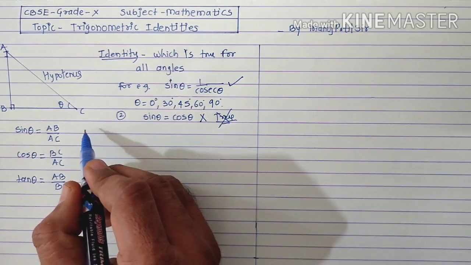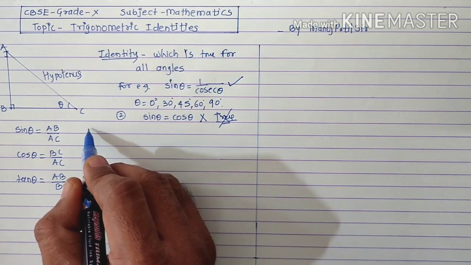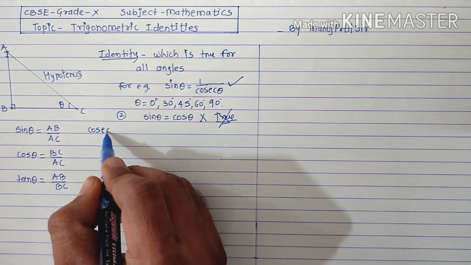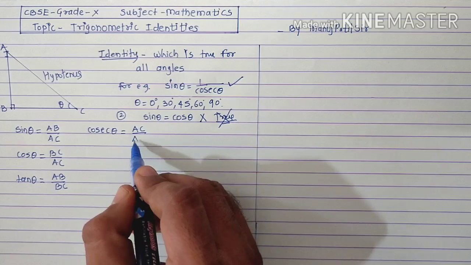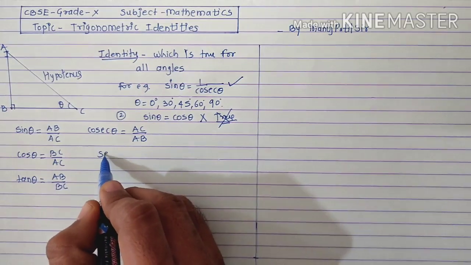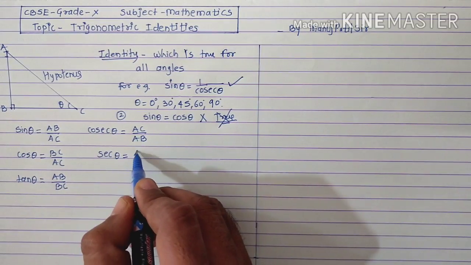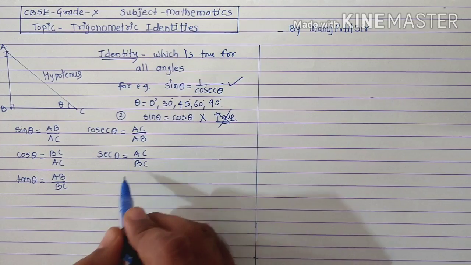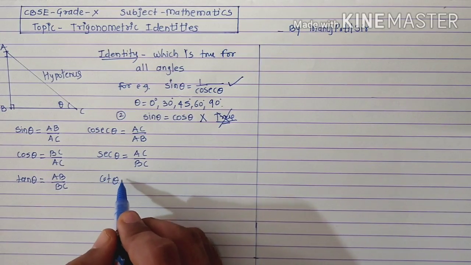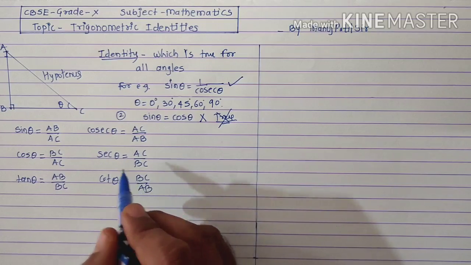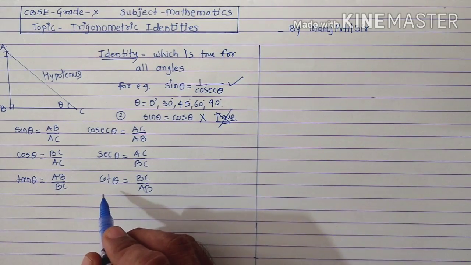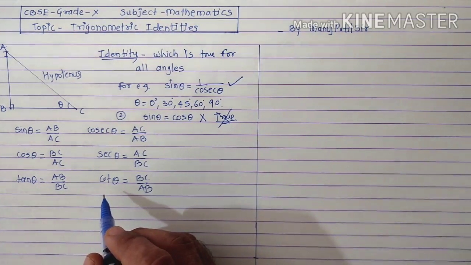Similarly we'll write the other ratios also. Cosec theta will be AC upon AB, sec theta equals AC upon BC, and cot theta equals BC upon AB. So we have written all these ratios. Now we have to prove the trigonometric identities.